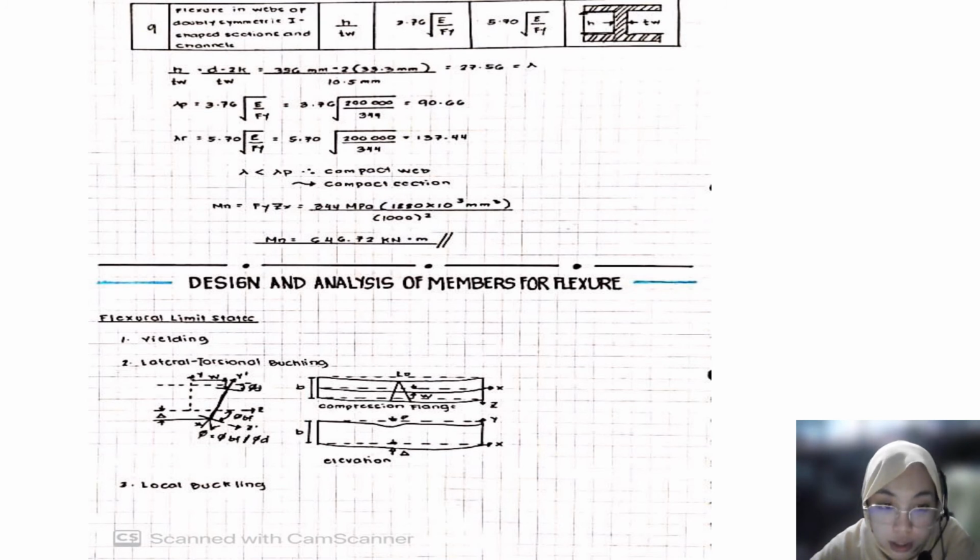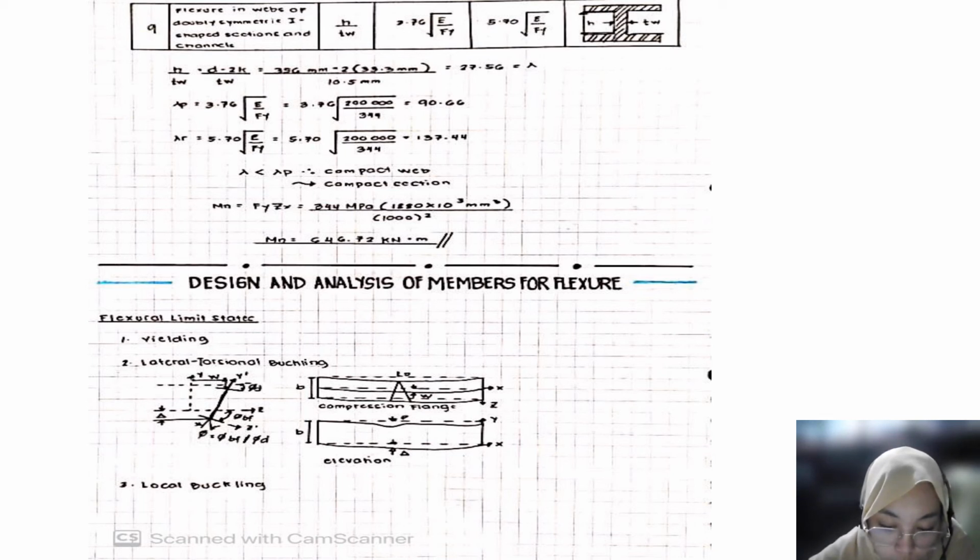Next is get the compactness of the web. So first step is get the lambda. So meron tayong formula for that, yung h over tw, and substitute the given, so that ang makuha natin ay 27.56. And lambda p is from the table, yung formula natin ay 3.76 square root E over Fy.